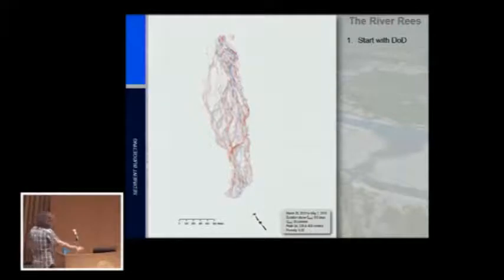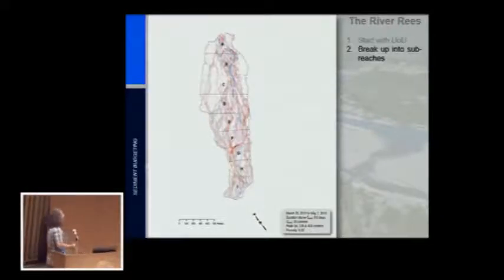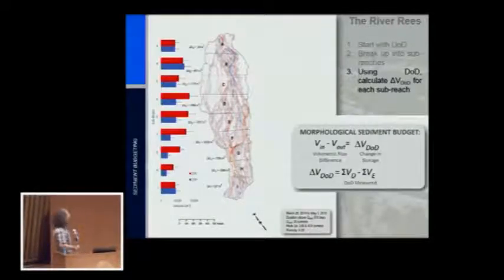So we discretize the study reach into different sub-reaches, and then we calculate the sediment budget in each sub-reach. Because we apply a minimum level of detection, we can calculate the errors associated to each of the processes, the sedimentation and the erosion.